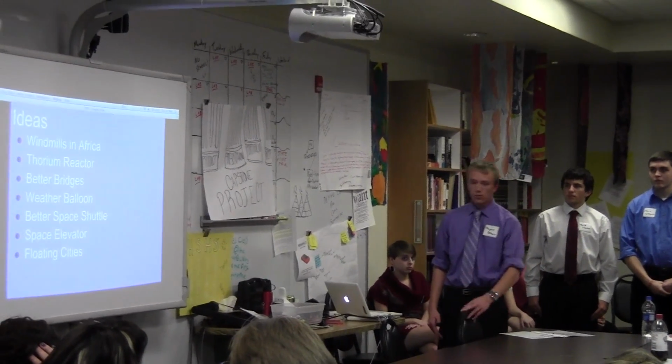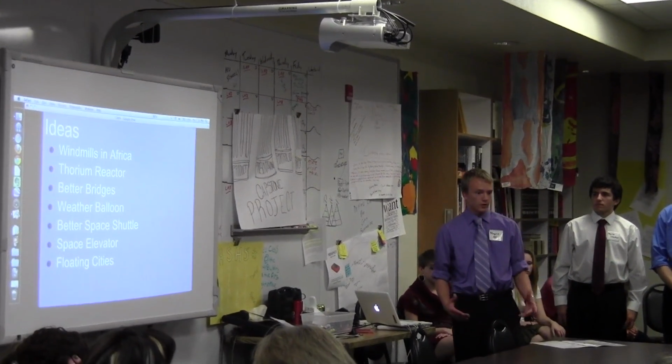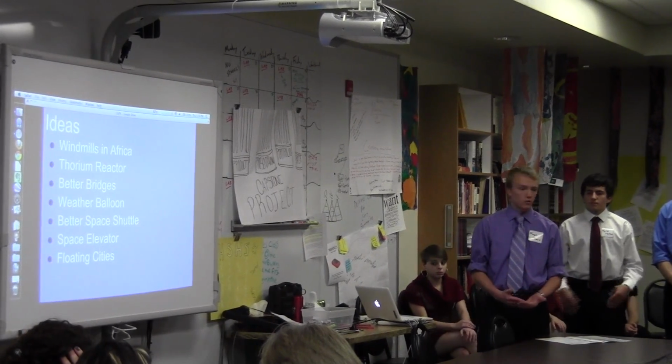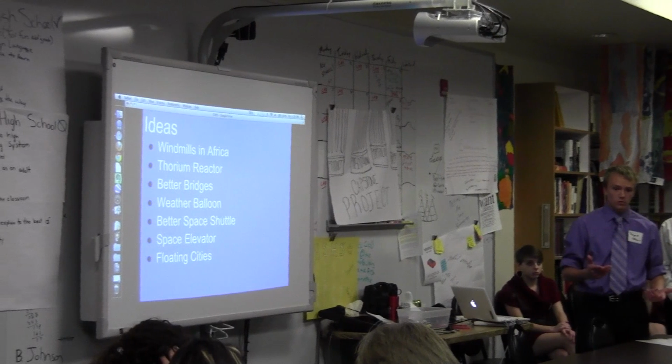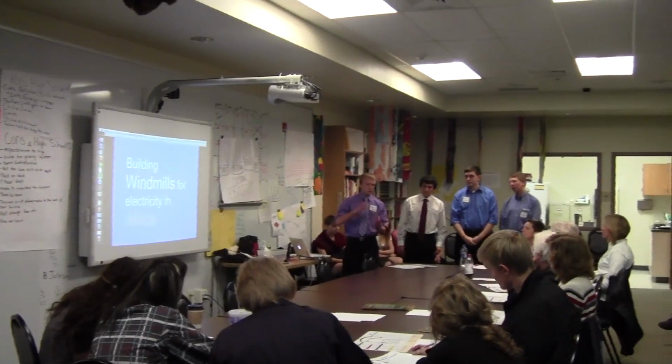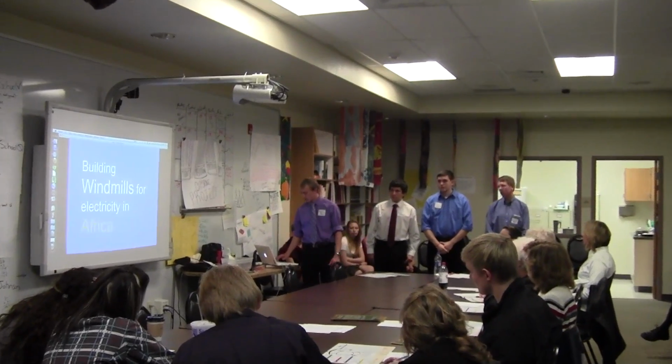We thought maybe a thorium reactor, which is kind of like a nuclear reactor, just more efficient. And then we thought maybe a weather balloon, because Kimble said we had a weather balloon available, so we thought within our little range that we could accomplish.